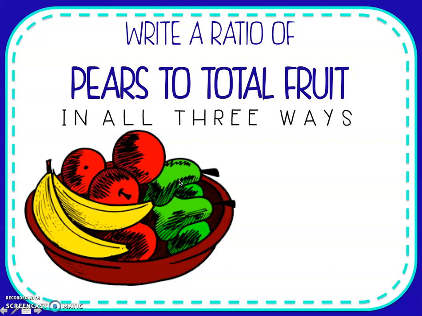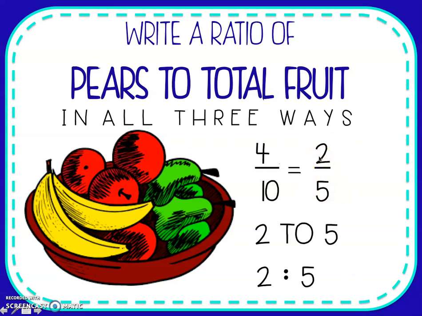So there's 4 pears to 10 pieces of total fruit. Now again, we need to check if that can be simplified. So we're going to plug it into our calculator, and all we have to do is hit the enter button, and we find out that 4/10 actually simplifies to 2/5. So then, using the 2/5, we're going to say 2 to 5, and then 2 colon 5 is the ratio for pears to total fruit.